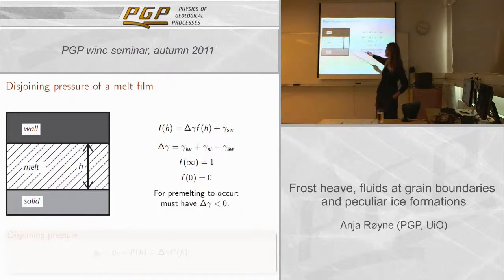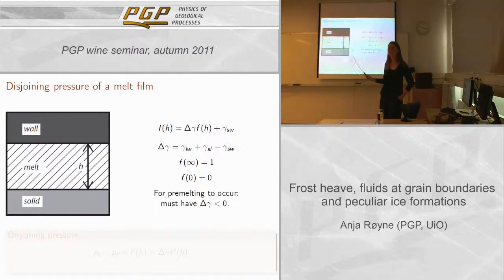If H is very large, so the film is very thick, we just have 3 bulk phases, and then the only thing you have is this interfacial energy and this interfacial energy. And then as you shrink it, you have to approach this value. So it means that as this is 0, then this is 0, and you're left with this energy.